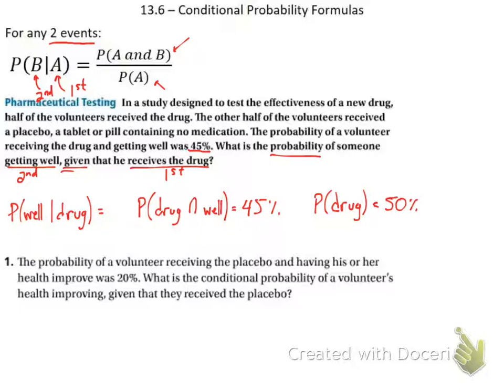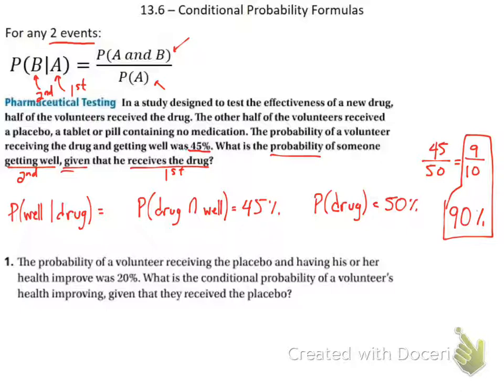And so again, these are the only two things I need. I'm just going to divide both things happening at the same time by the probability that someone gets the drug. And so I can go 45 over 50, which reduces down to 9 over 10. And that would be a 90% chance that a person is given the drug and they get better.